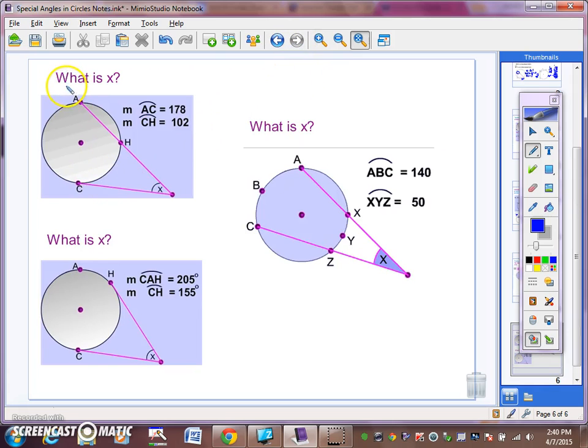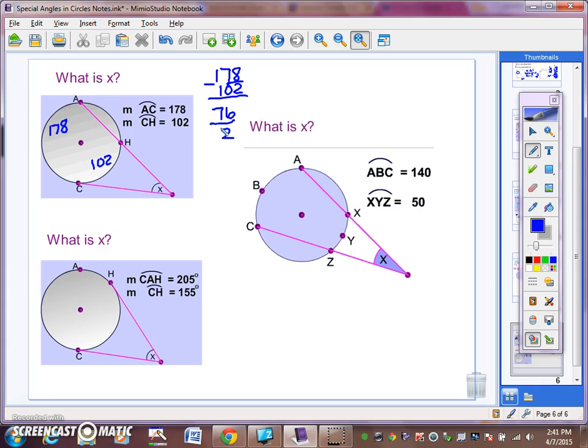Okay, for the examples, what is X? So they give us arc AC is 178, and they give us arc CH is 102. So that means I'm going to take 178, and I'm going to subtract 102, and I get 76 degrees, and then we're going to half it.